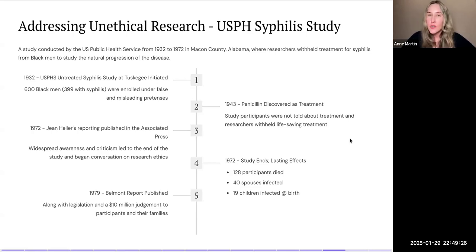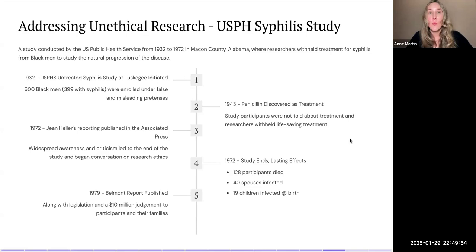And so they were coerced into the study by being given incentives, like being told that they would be given medical treatment, told that they would be given care when really that wasn't true. So there was a lack of informed consent. A vulnerable group was preyed upon by researchers, and also there was a high degree of deception. And that is because the men thought that they were being treated, but in fact, they were not.